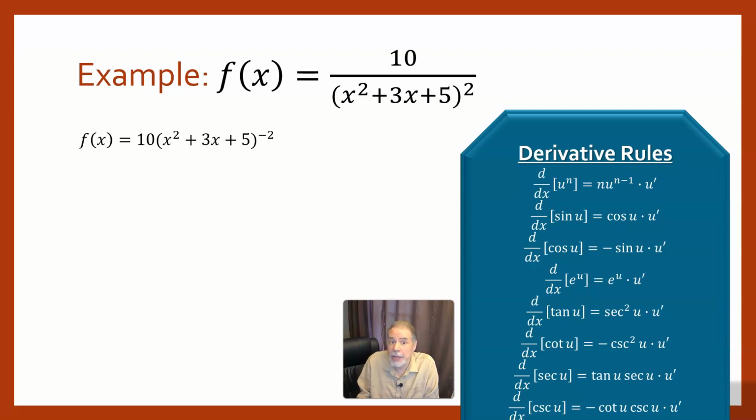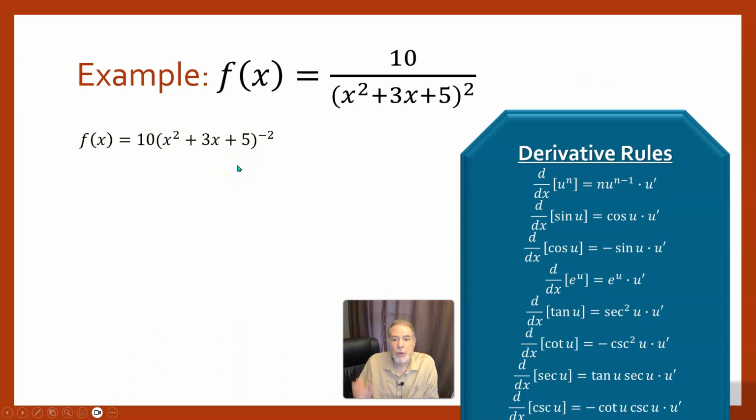It means the same thing, but a positive 2 power in the denominator is the same as a negative 2 power. So think of this function, and at this point we're still dealing with f of x. We haven't differentiated yet. This is still just another way of writing f of x. It's 10 times x squared plus 3x plus 5 to the negative 2 power.